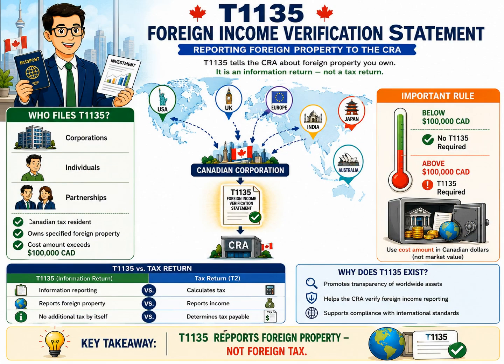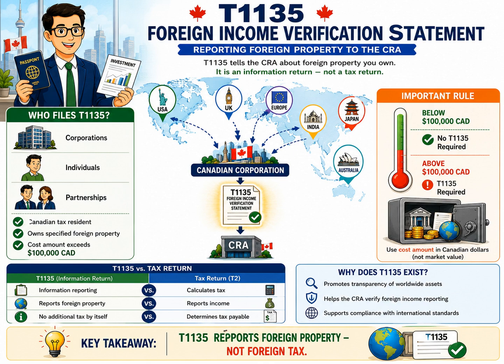In this slide, we'll introduce Form T1135, officially called the Foreign Income Verification Statement. Despite its name, T1135 is not a tax calculation form. It is an information reporting form that tells the Canada Revenue Agency, or CRA, about certain foreign property owned by Canadian taxpayers.